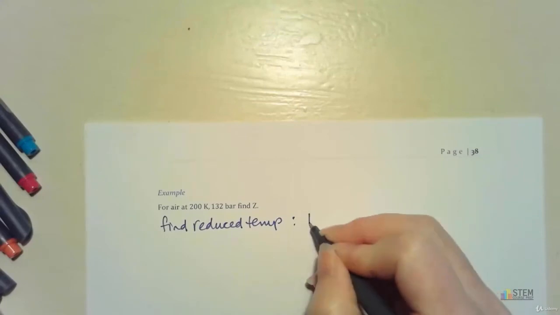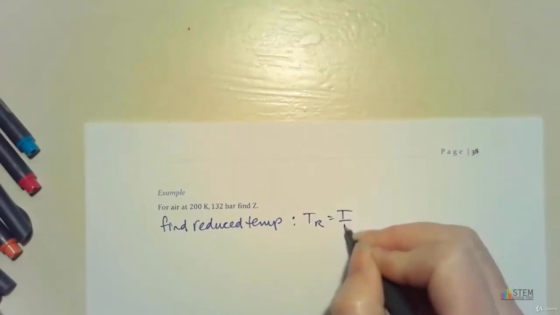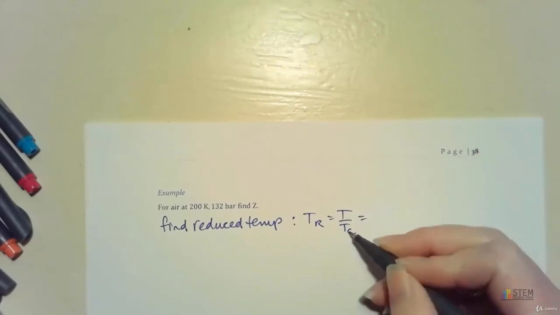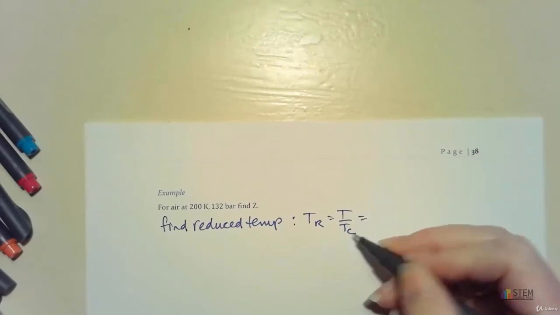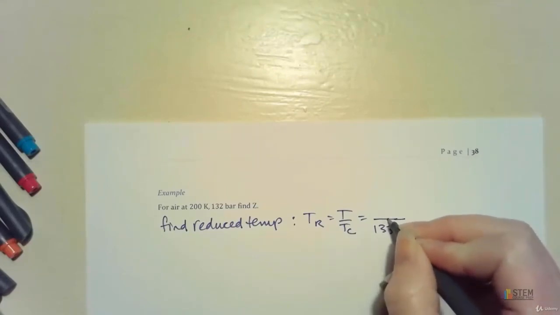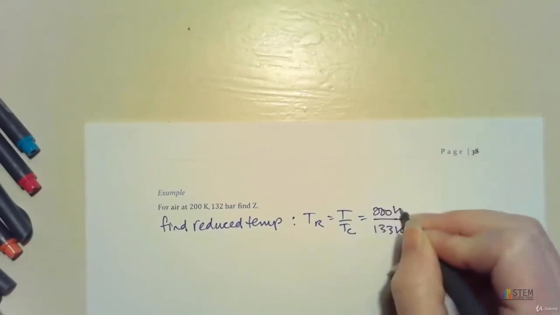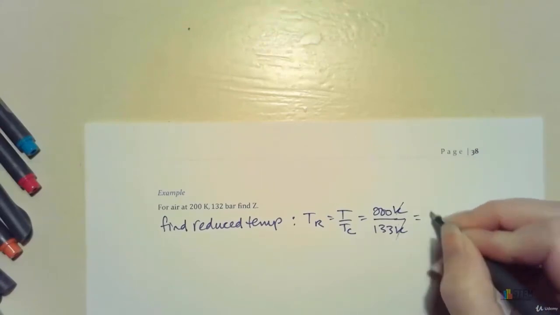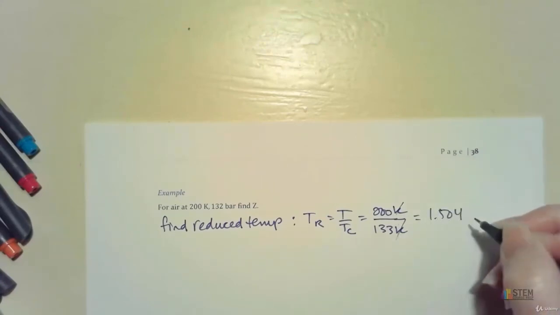So reduced temperature is going to be TR equals T over TC. For air, the critical temperature is 133 Kelvin. Our current temperature is 200. Notice the units cancel, and then we get 1.504.